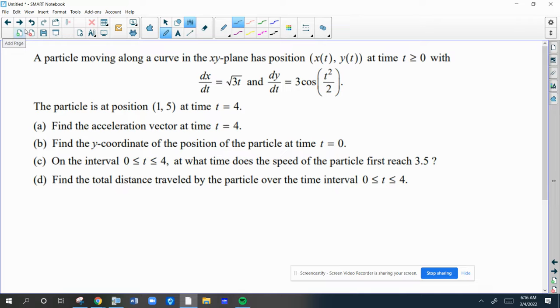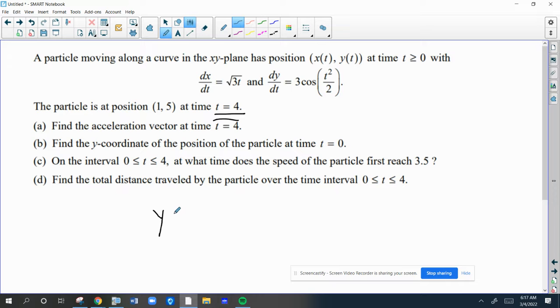The next is find the y-coordinate of the position. So now we're only looking at y. This becomes basically a linear motion question. We're only looking at y. So the position for linear motion is given by the initial position. So at y, we're given an initial time is 4.